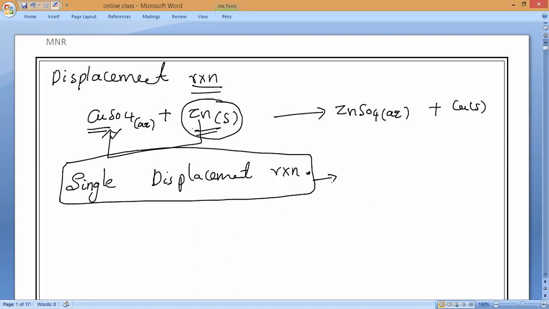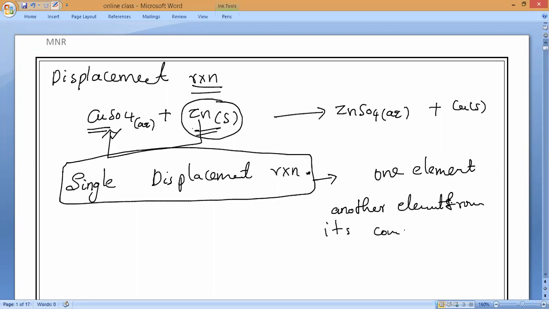So why is it called a single displacement reaction? Because one element displaces another element from its compound. Yes or no? That is what is called a single displacement reaction.